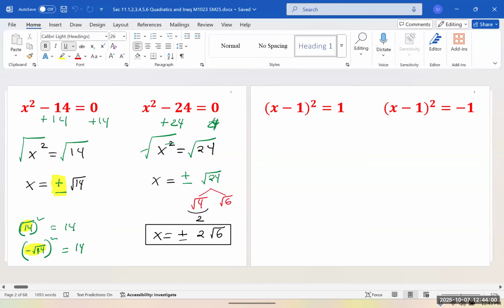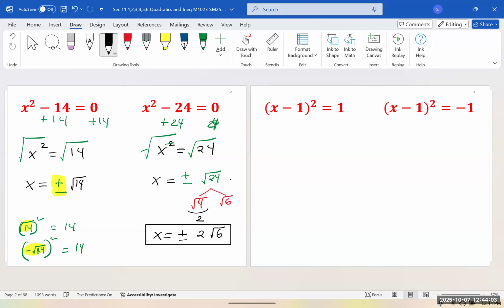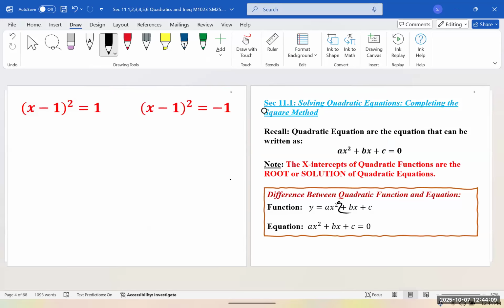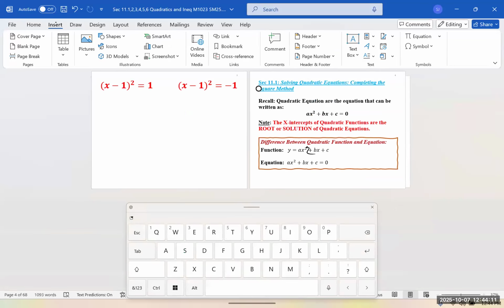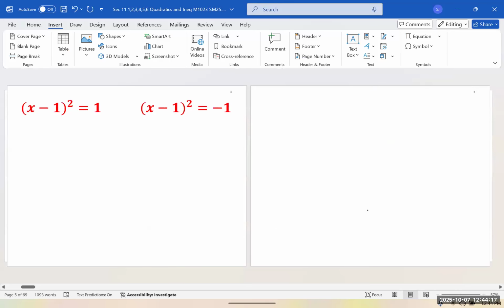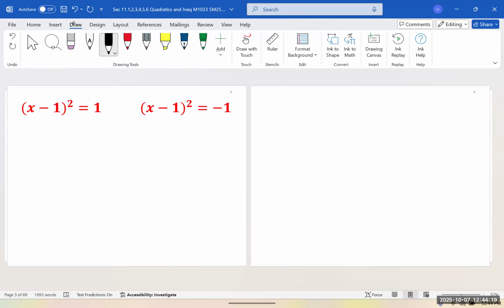So definitely one of them is 2. x minus 1 squared equals 1, and the other one is x minus 1 squared equals negative 1.